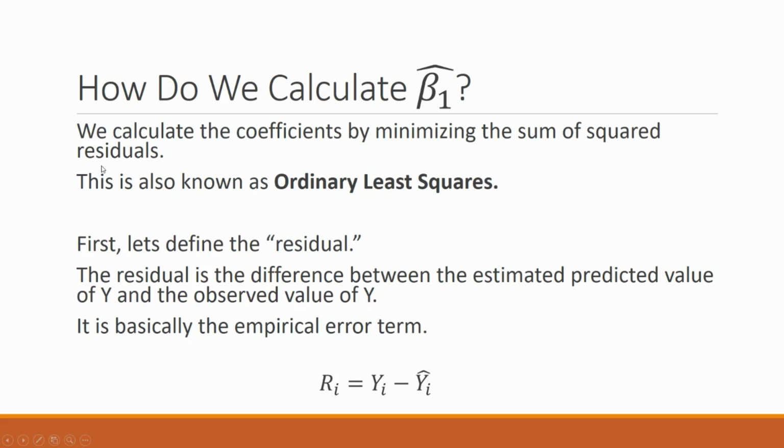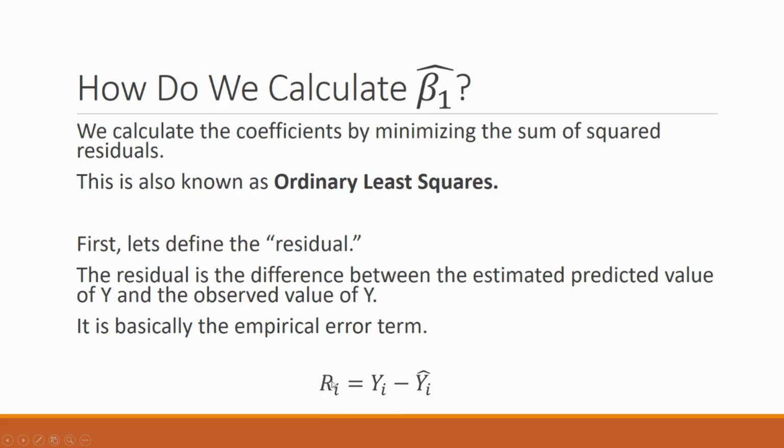All right, so let's define a residual. The residual is the difference between an estimated predicted value of y and the observed value of y. So it's kind of like an empirical error term. This is what it looks like down here. I'm using the letter r to represent the residual.